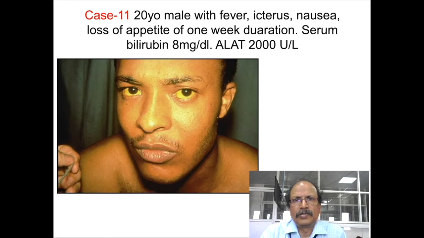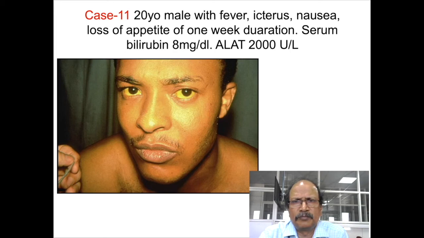And coming to case number 11, a 20-year-old male with fever, icterus, nausea, loss of appetite, all in just 1 week duration, short duration, so that is acute onset. His serum bilirubin is 8 milligrams per dl, and ALT is 2000 international units per liter.